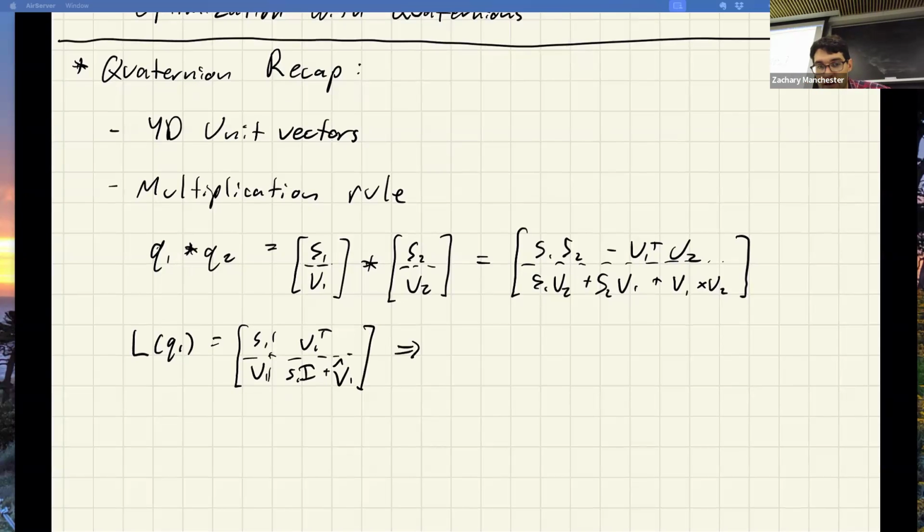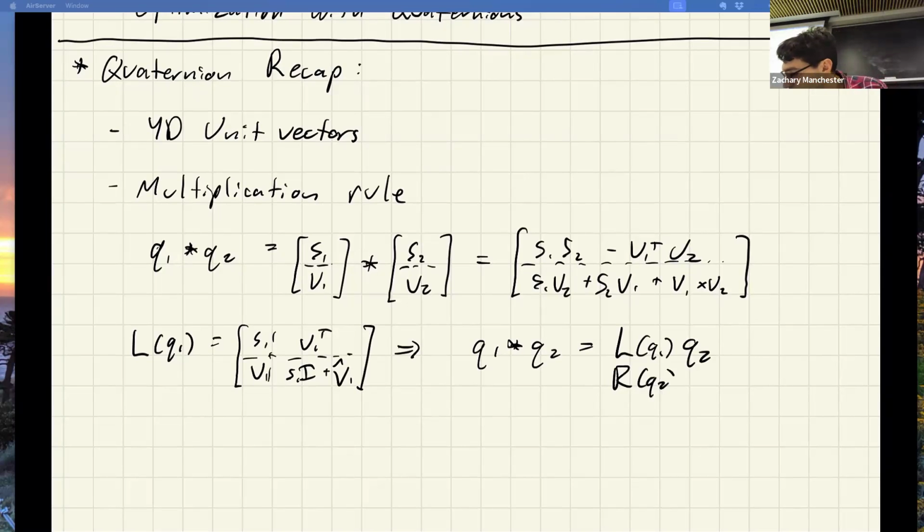And there's a right version as well. The whole idea is that we can write this as L(Q1) times Q2, or R(Q2) times Q1. The reason being, this is the Jacobian. If I want to take the derivative of an expression like this, now I have a way of computing that Jacobian matrix, which we're going to use today to start doing optimization with these guys.